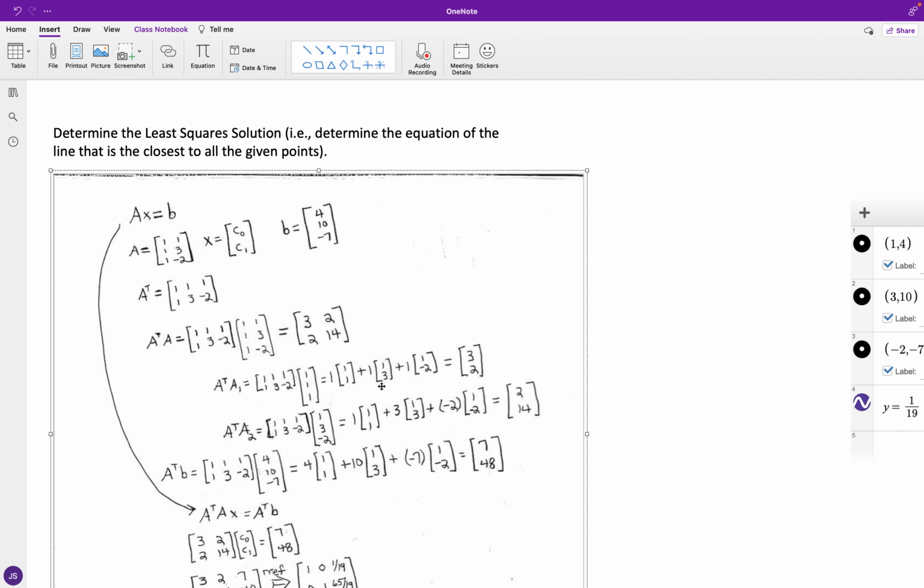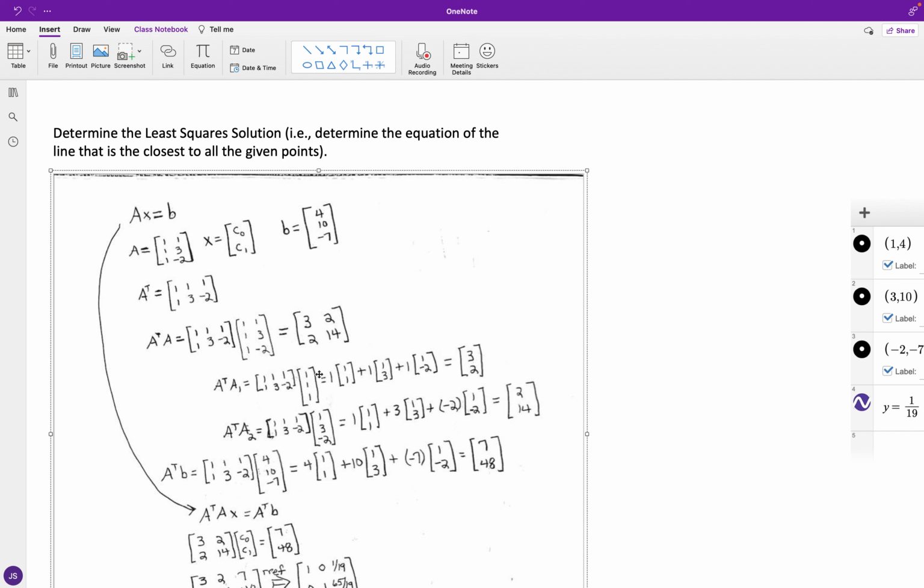And we have the sum of the products, 3, 2. Then multiplying the transpose of A by the second column of A, the 3x1 matrix with 1, 3, and negative 2, you have 1 times 1, 1, plus 3 times 1, 3, plus negative 2 times 1, negative 2. Adding up the products, we have 2 and 14.